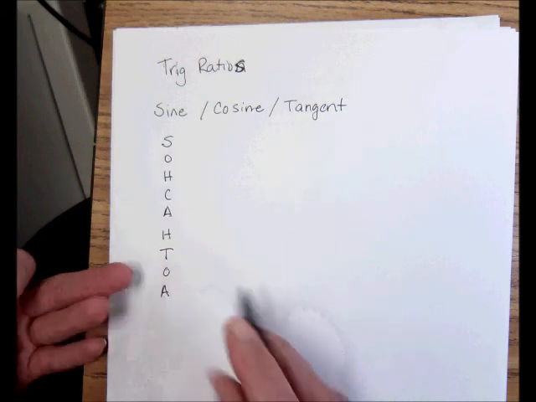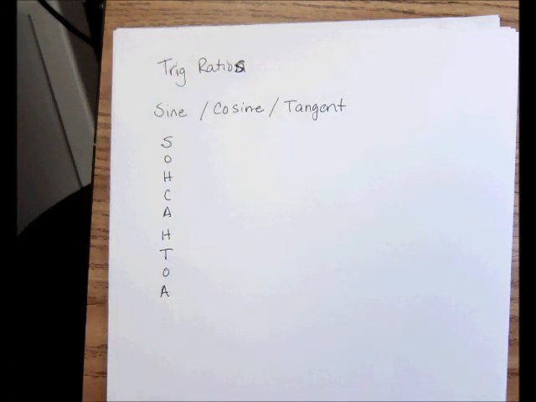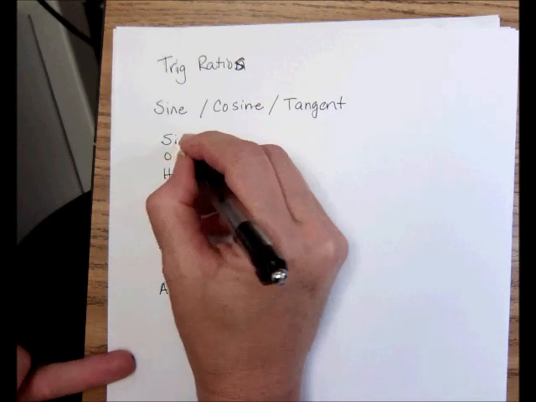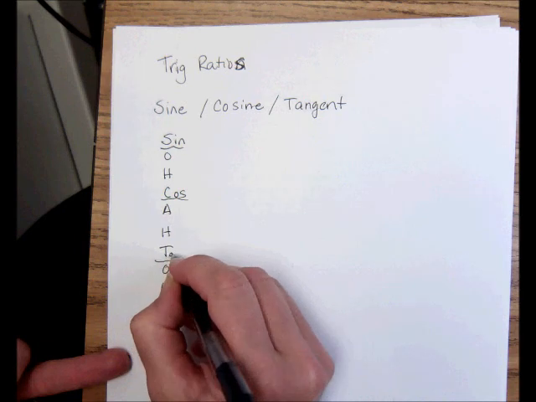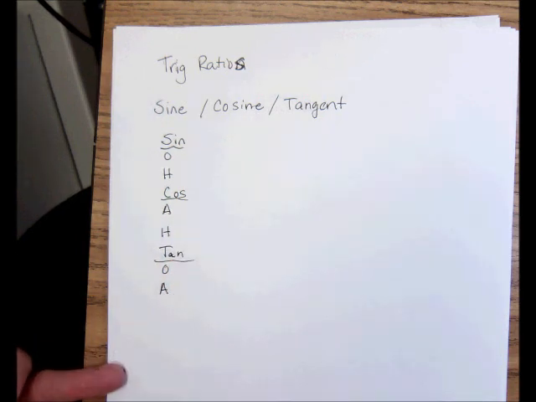SOHCAHTOA. This is just my acronym that I use to remember the ratios between the trigonometric functions and the angles and the side measures. The S stands for sine, the C stands for cosine, and the T stands for tangent.